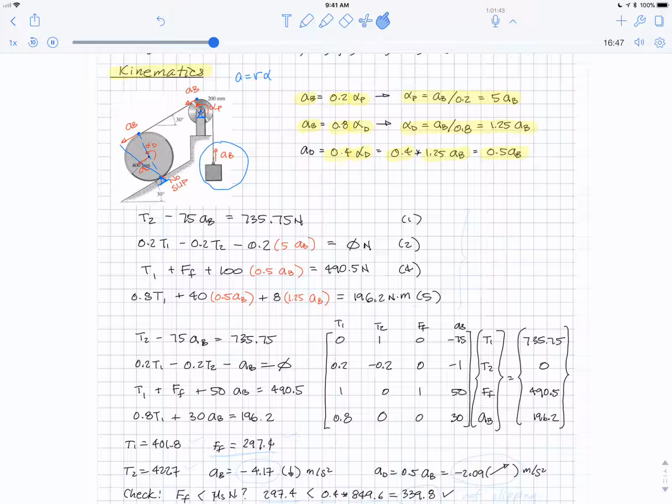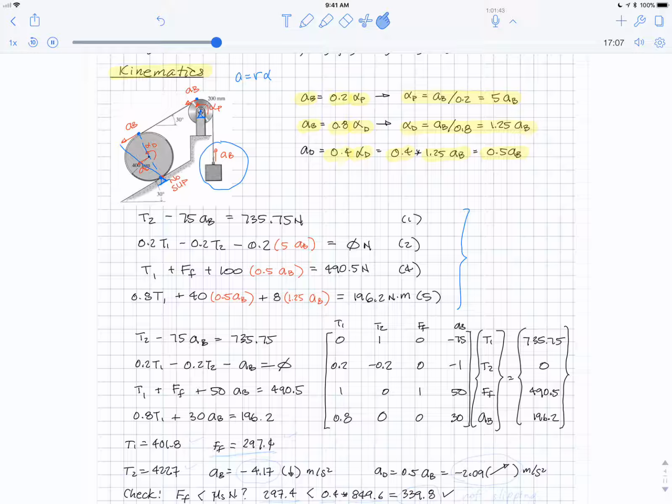Okay, then what I did was I took our 4 equations, and everywhere there was an alpha pulley, alpha disc, or a disc, I put in the equivalent expression in terms of a block, and this is what I got. And then I got lazy.